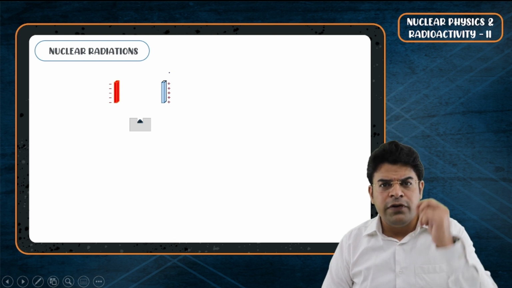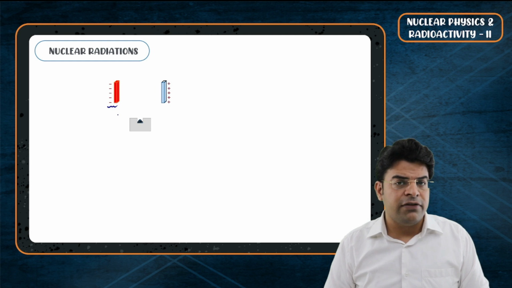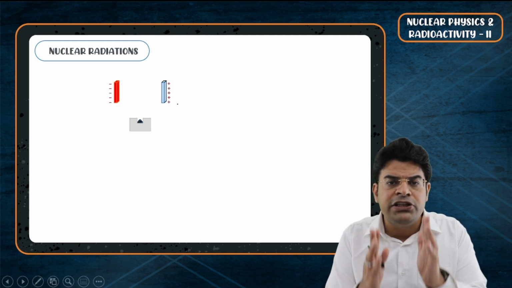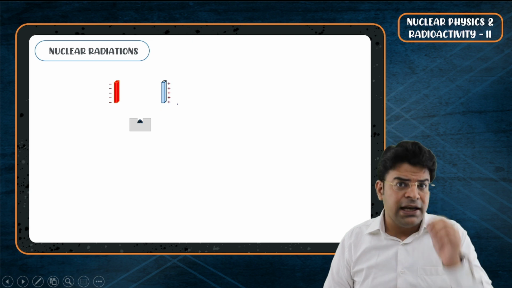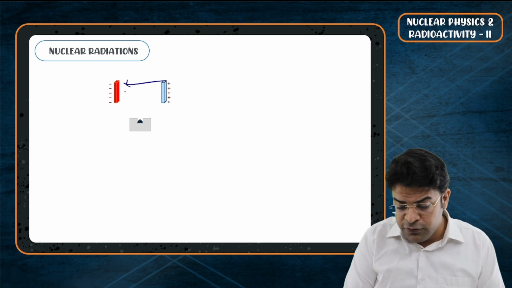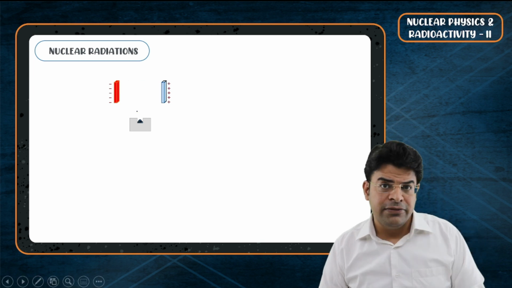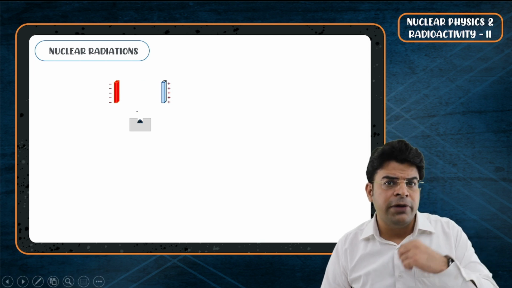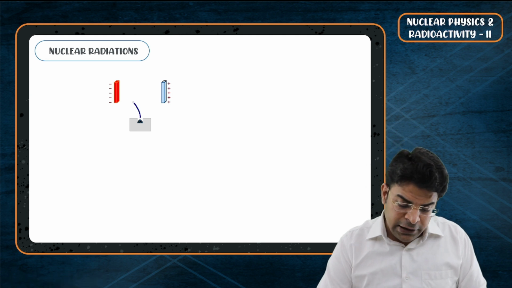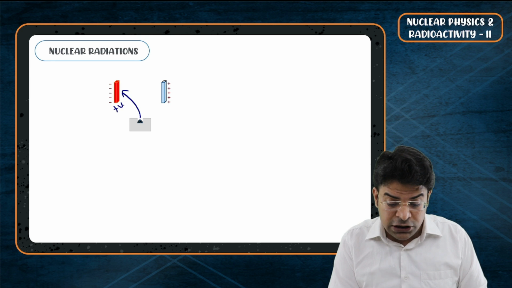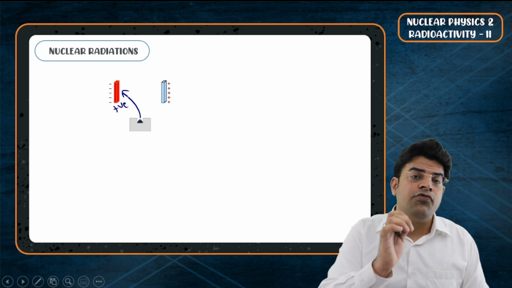Now it is obvious that if you have a plate of negative charge and a plate of positive charge, then an electric field will exist in the region between the plates, from the positive plate towards the negative plate. If a particular type of radiation moves towards the negative plate, it means that this radiation has a positive charge because it has been attracted by the negative plate.